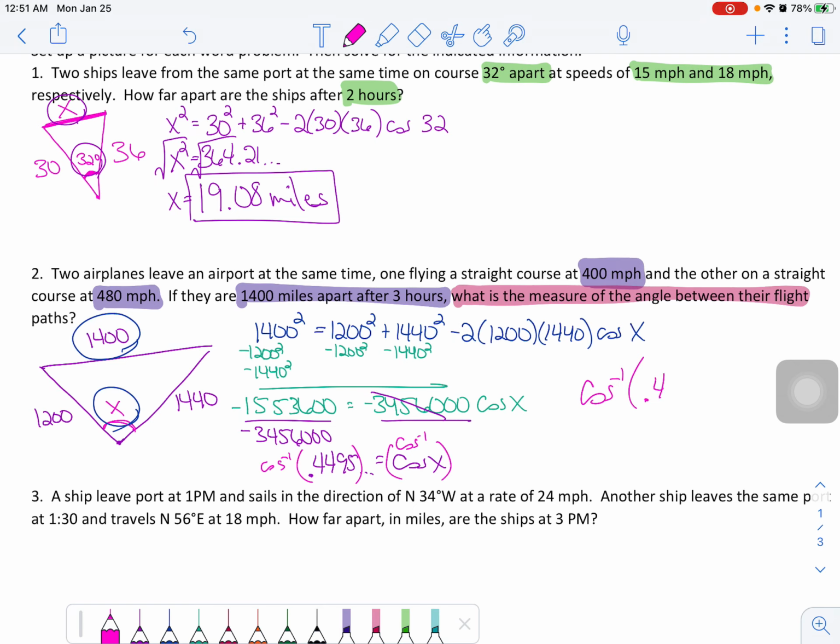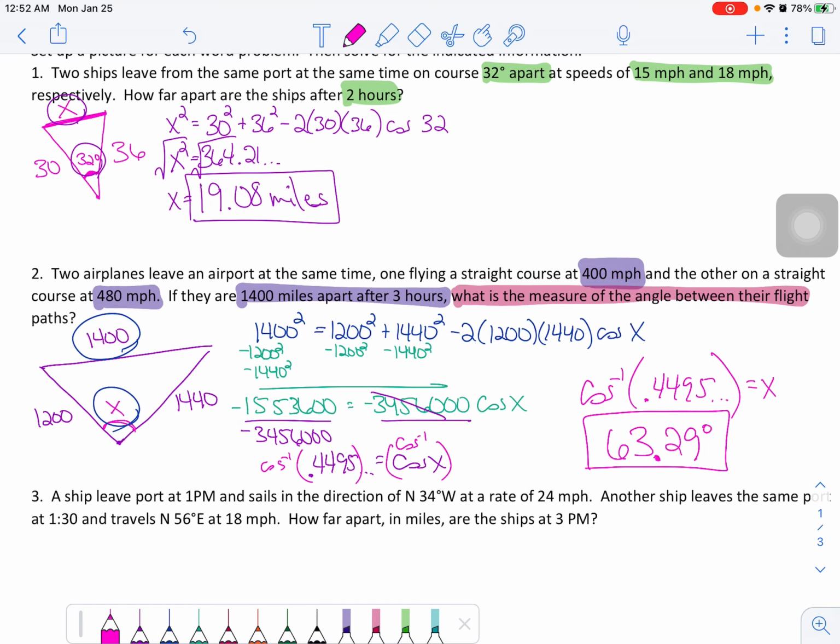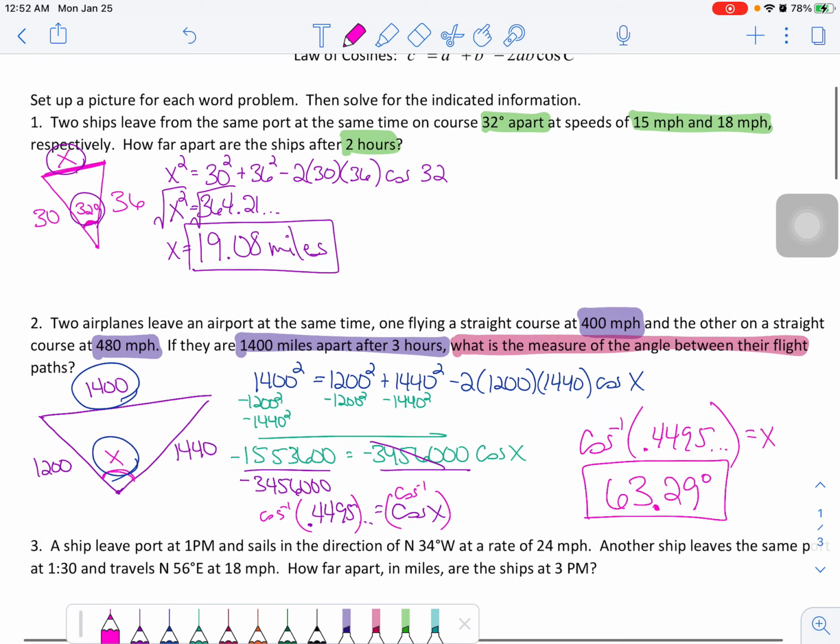So the inverse cosine of 0.4495. And remember, that's in my calculator, so I'm not too worried about like what these decimals are. I just put a little dot, dot, dot to remind you and myself that there's this number sitting in my calculator. So the inverse cosine of this answer is 63, no rounding direction, so we're going to go ahead and round 2 decimal places. 63.29 degrees is the angle between their 2 flight paths.